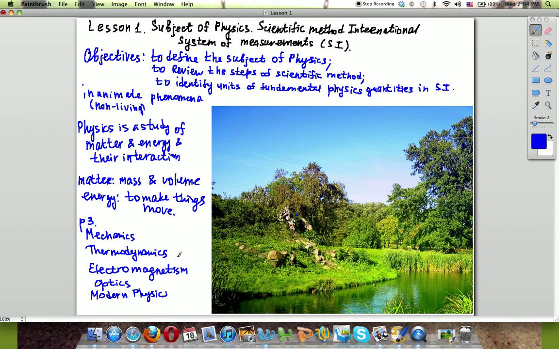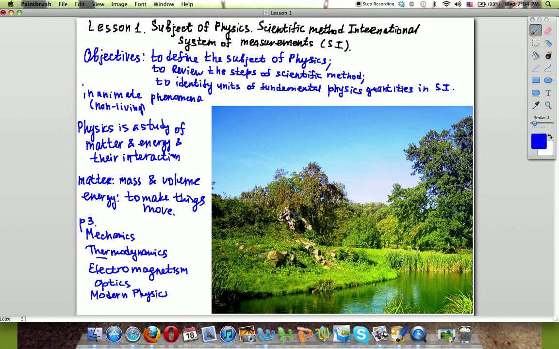So please take a moment and think about examples of natural phenomena, inanimate phenomena, that will be the subject of each of these areas. You probably want to pause to discuss it.